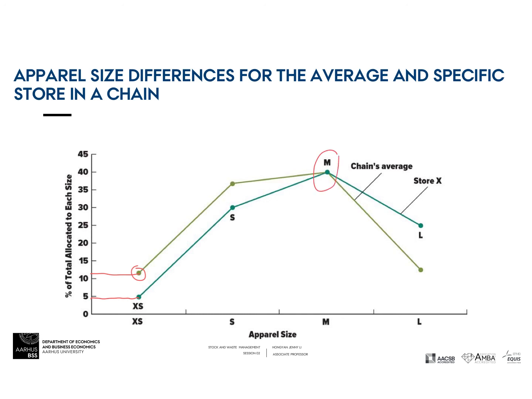For size M, the allocated quantity for the store X is higher than the average.